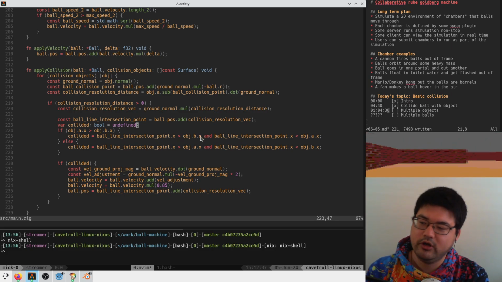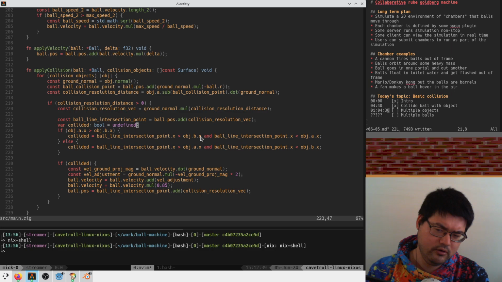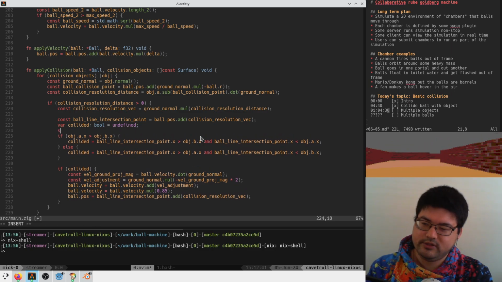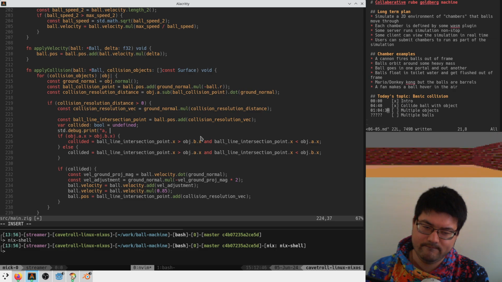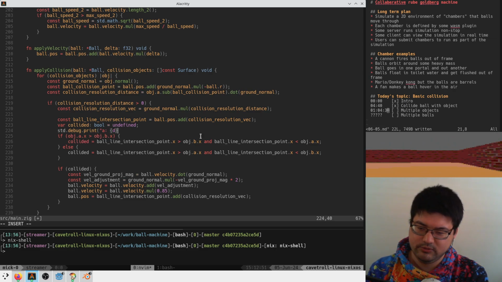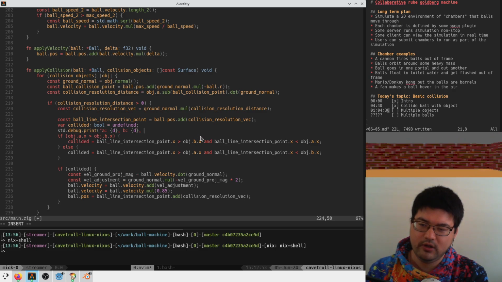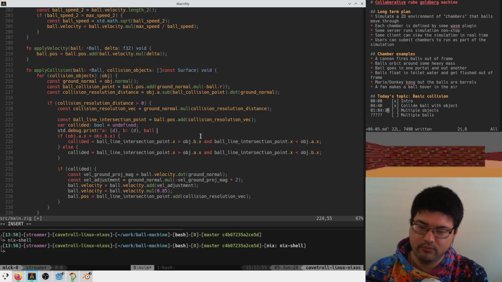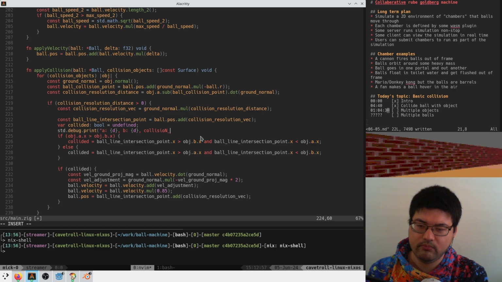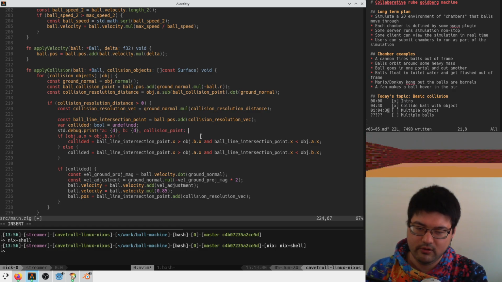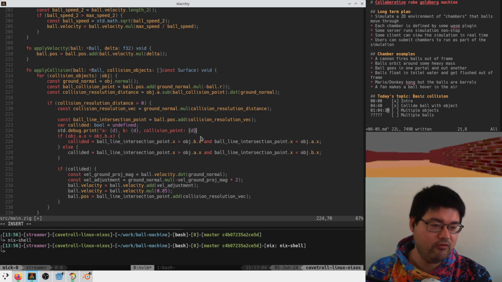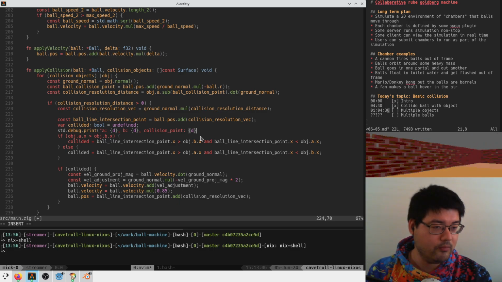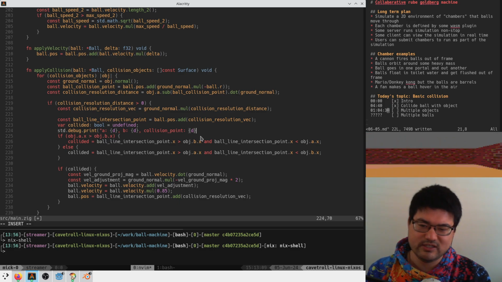So can we maybe look at std debug print a, which is a number, b, which is a number, and ball, or collision point, which is a number. It's possible that if the ball normal lines up directly in some way, we mess up.